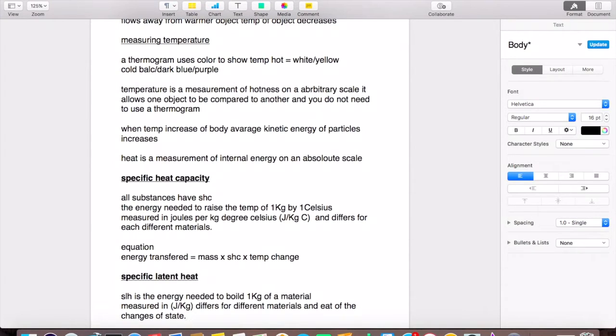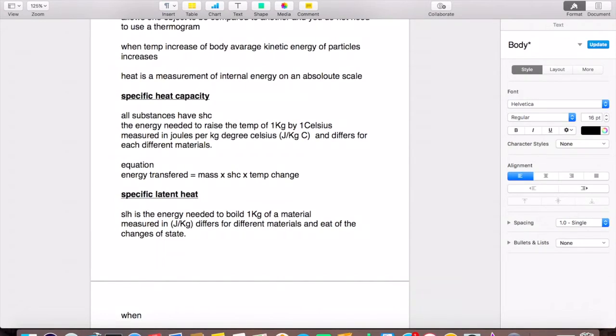When an object is heated and it changes state, energy is transferred, but the temperature remains constant.